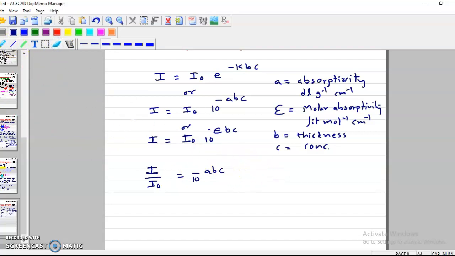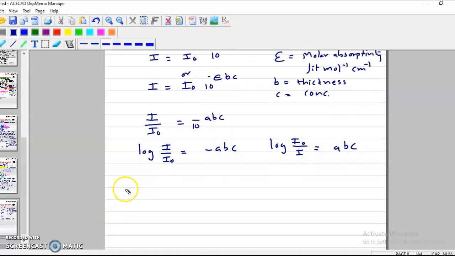Instead of that we take the log: log I upon I0 will be minus abc, or log I0 upon I equals abc.